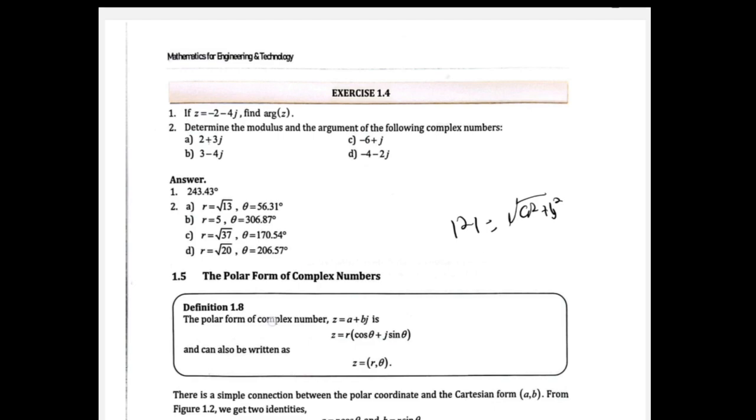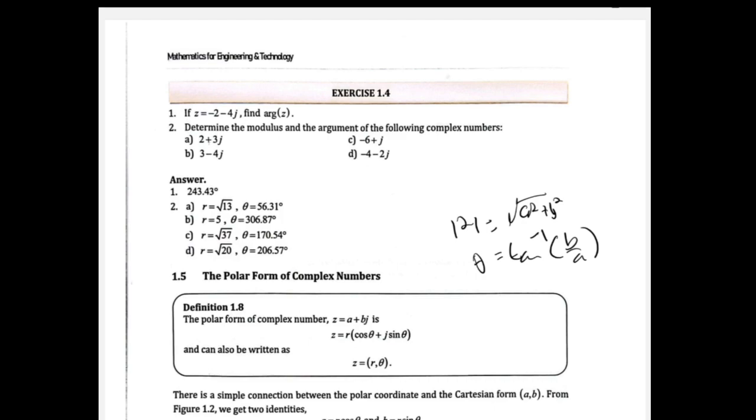The argument is equal to the arctan of b over a, that gives direction. This will give you a size or distance. This one will give you direction. Together they describe the position of z in polar form.